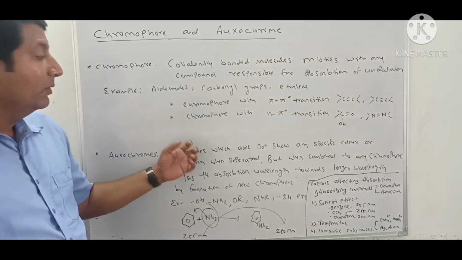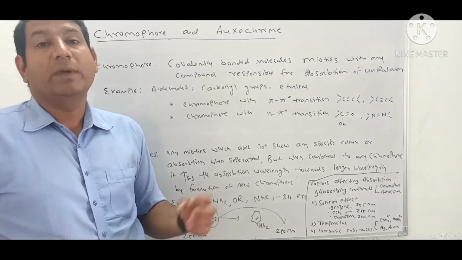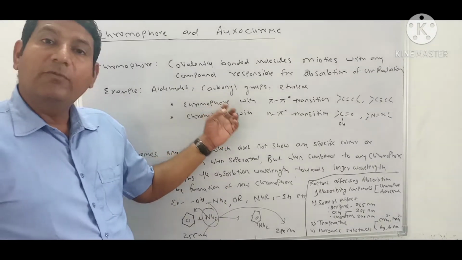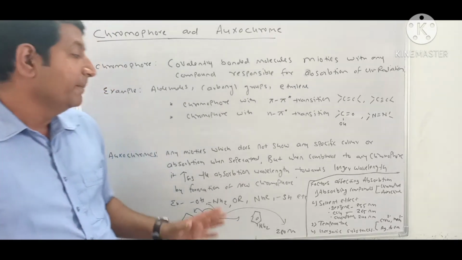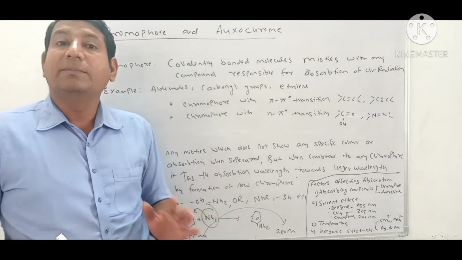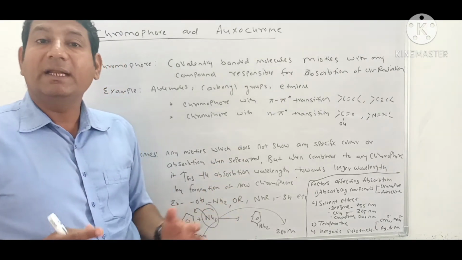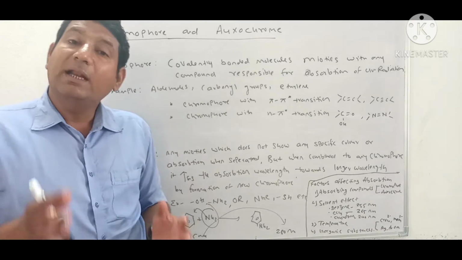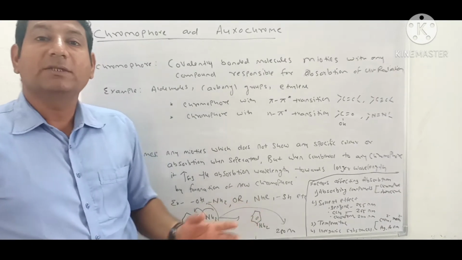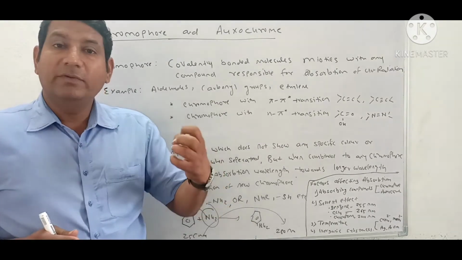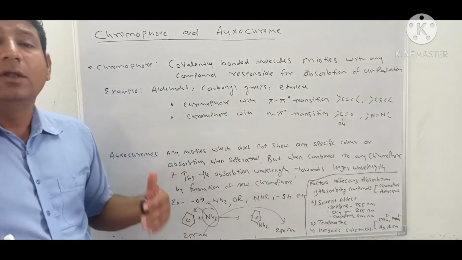So just like chromophores, auxochromes are also compounds which increase the lambda max of a compound when attached to any organic compound. Chromophores have the tendency to impart color. Auxochromes do not impart color, and they themselves do not absorb UV radiation when separated. But when they are attached to a chromophore, they increase the UV absorption and shift the lambda max towards longer wavelength.